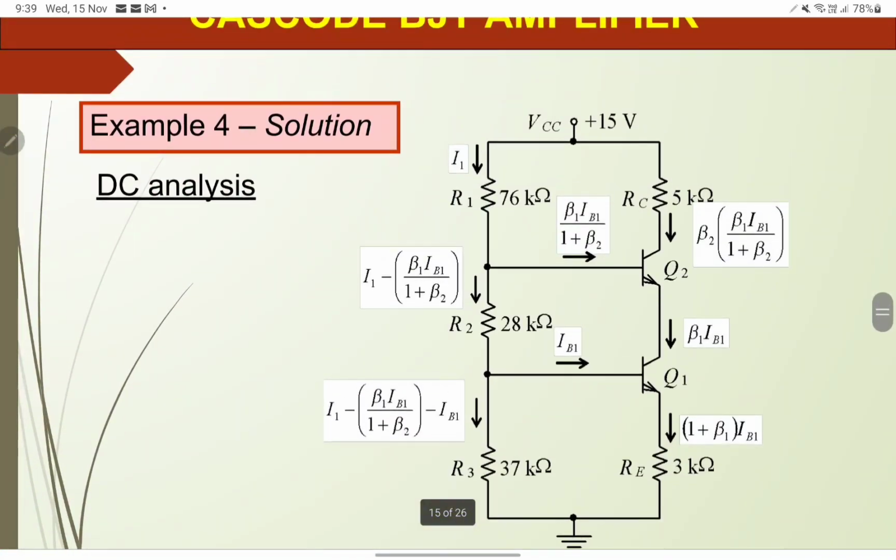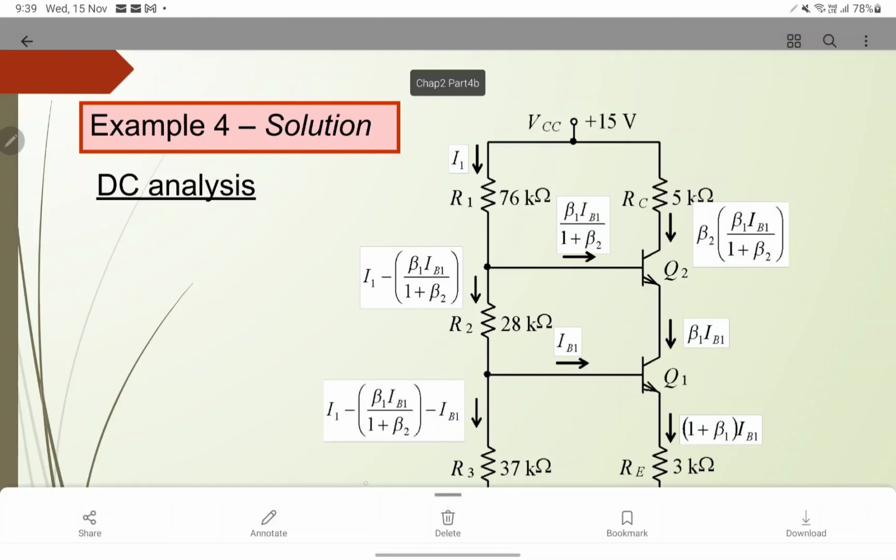Like we have discussed, you can label in advance the IB, IB2, and also derive the current for the left side.